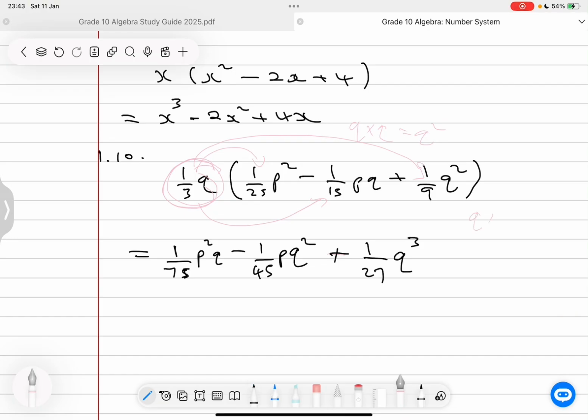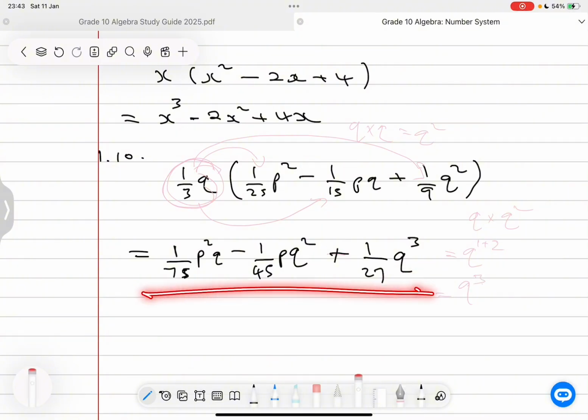I'm going to say q times q squared, right? This q times the q squared. But now here, I'm going to keep the base and add the exponents. My bases are the same, q and q. Remember, there's an invisible 1 there. And when I add these two, they actually will give me a 3. That's how I end up with a cube there.